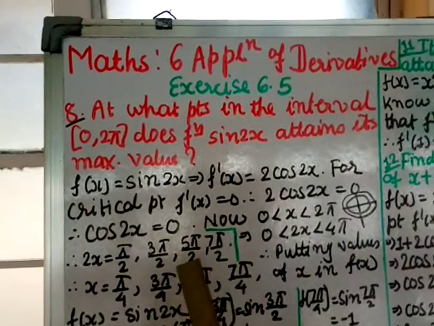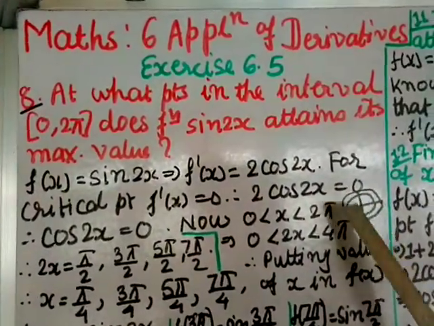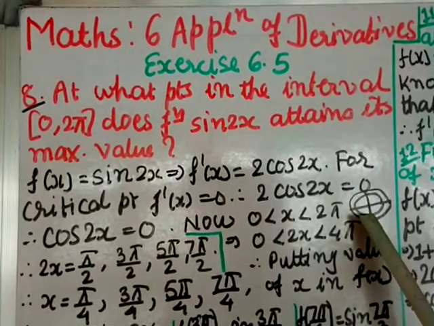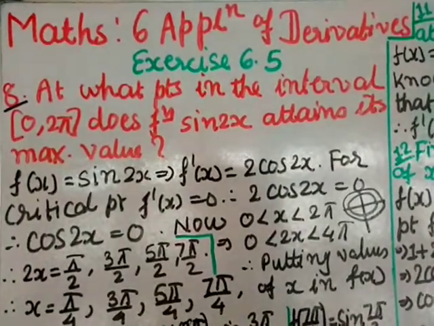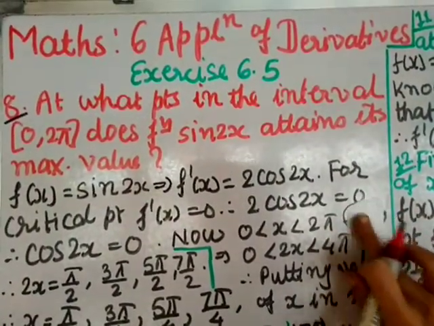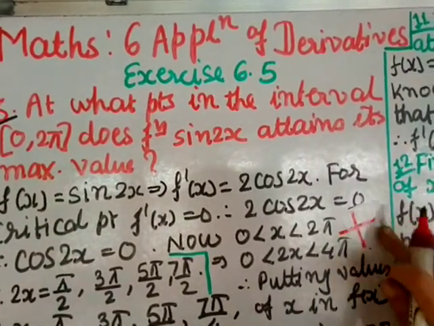Now cos 2x is equal to 0. Let me draw here once again. This is my x-axis, this is my y-axis, and this is angle 0.